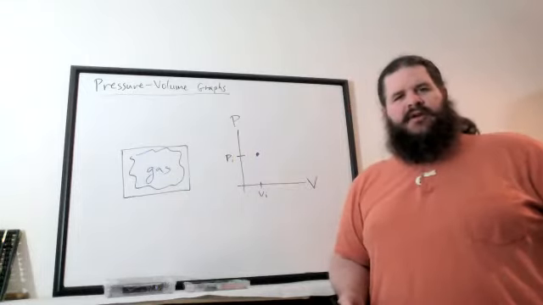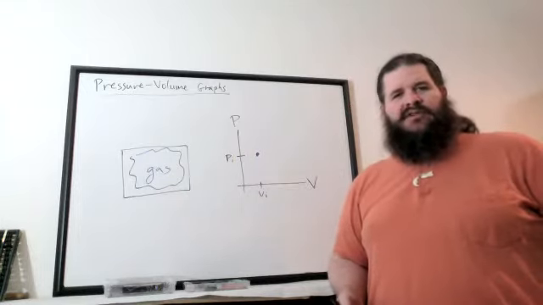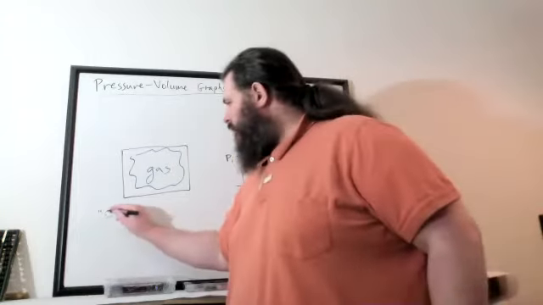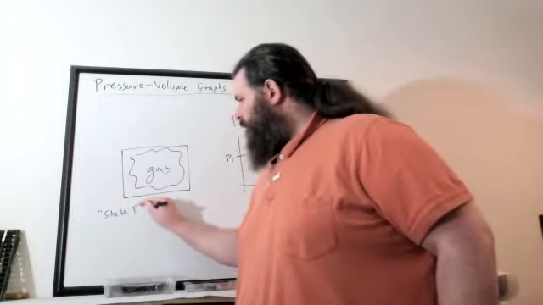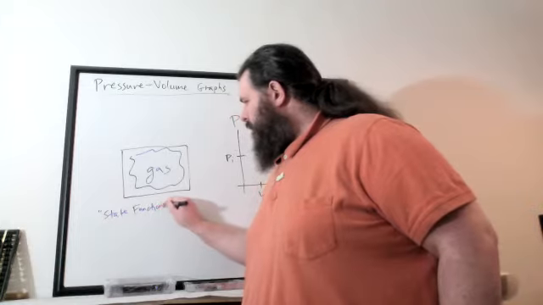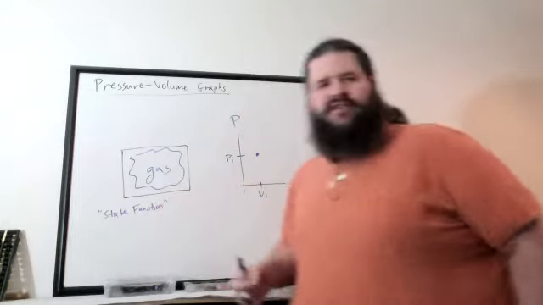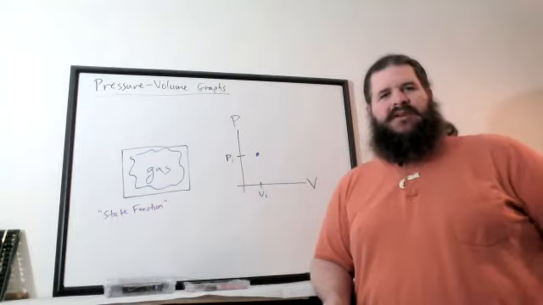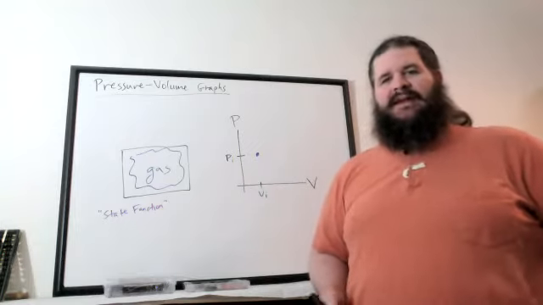And the pressure and volume in this case are examples of what we would call state functions. A state function is just any quantity, any measurement you can take that has a value at a single instant in time, a value at each instant in time.